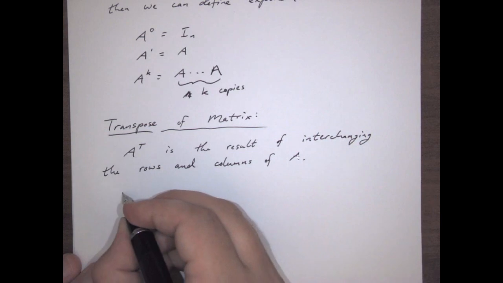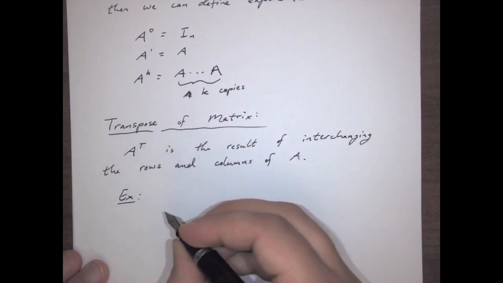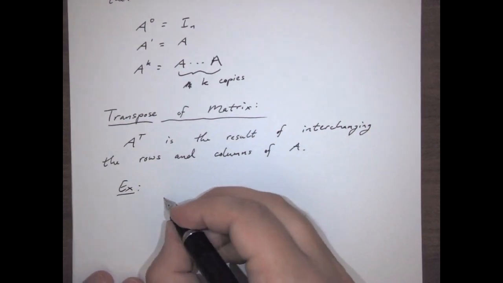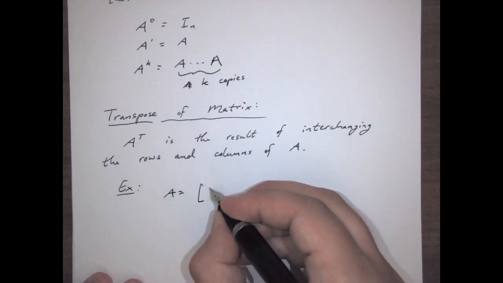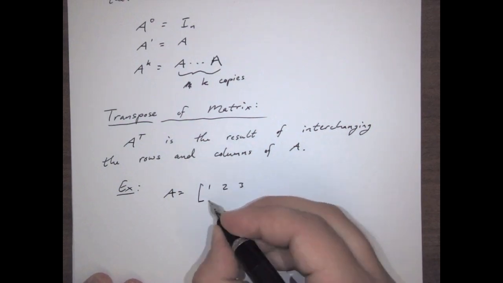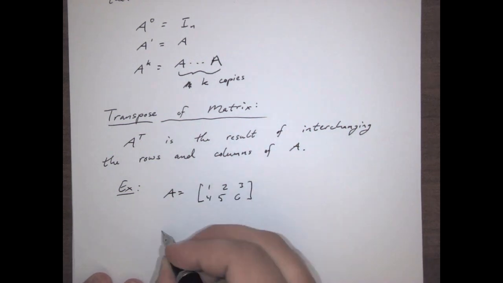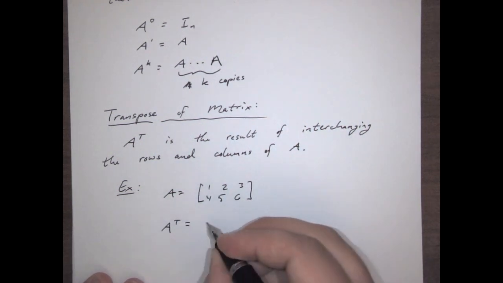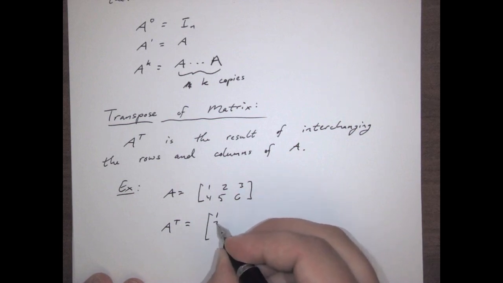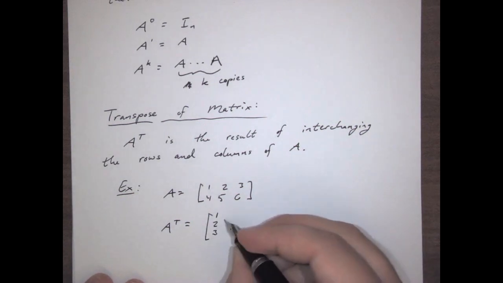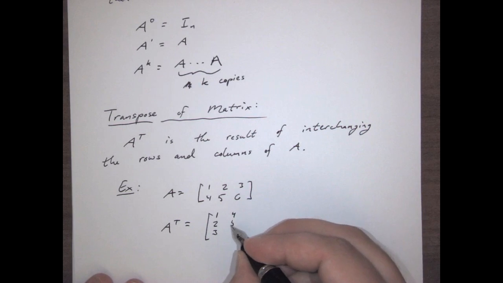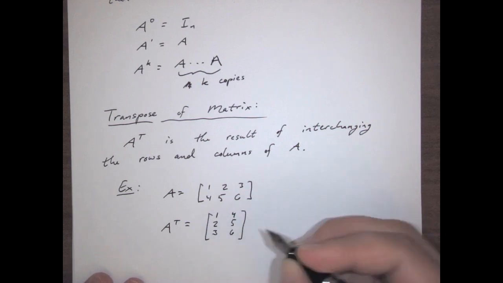So for example, if A is equal to 1, 2, 3, 4, 5, 6, A transpose would be 1, 2, 3 as the first column, 4, 5, 6 as the second column.